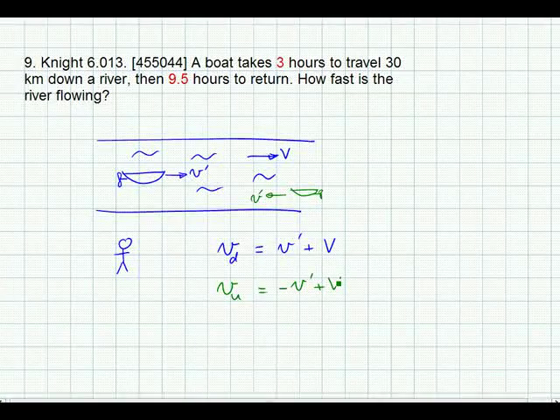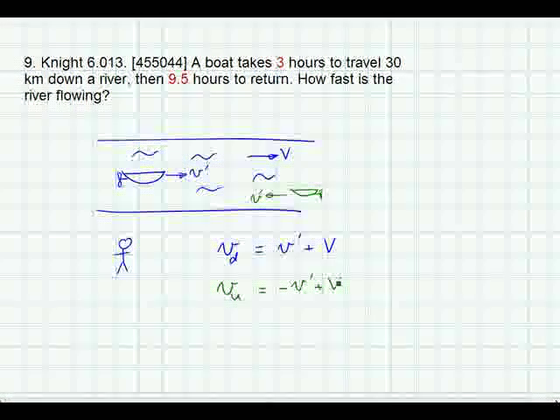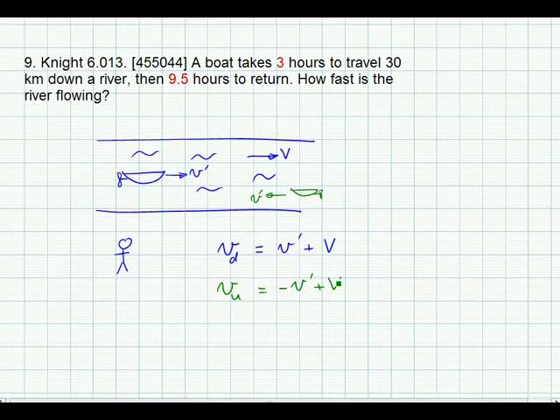That's the velocity of the moving reference frame, i.e. the velocity by which the river flows. But notice that v prime switches sign between going downriver and upriver, of course.